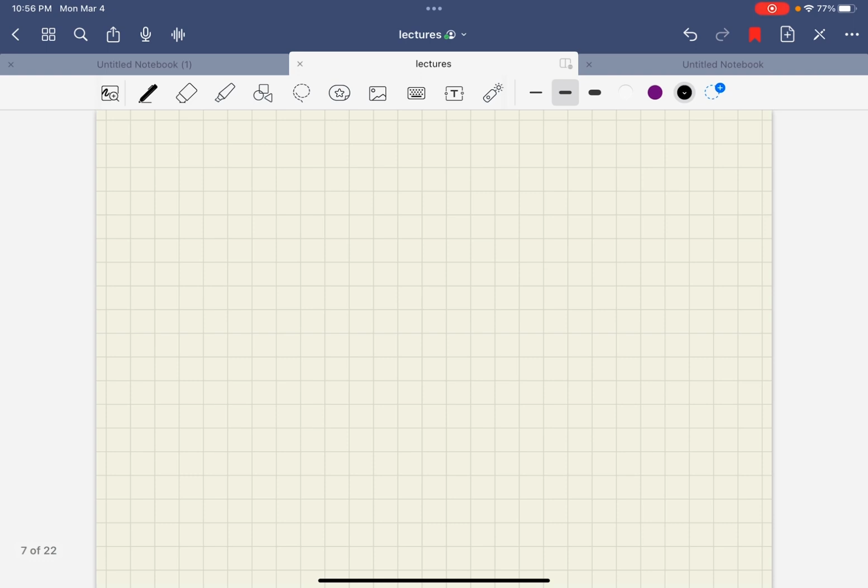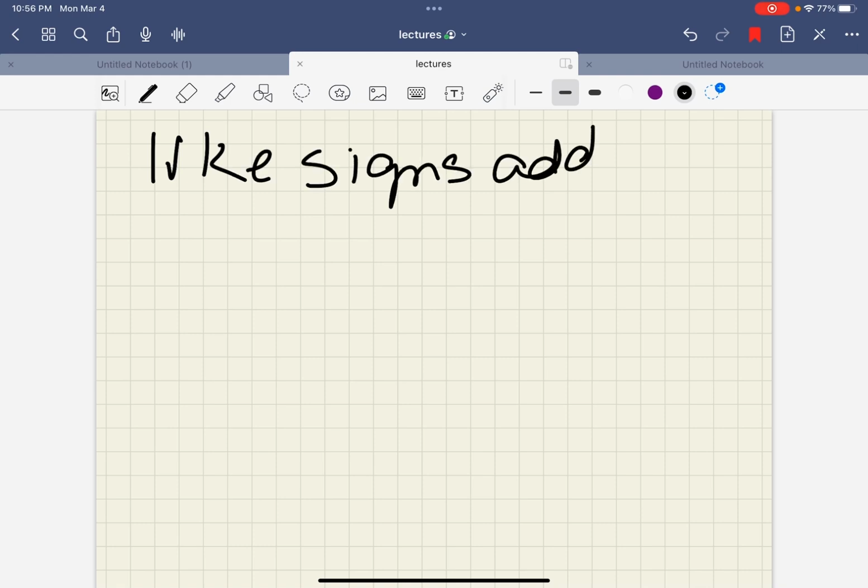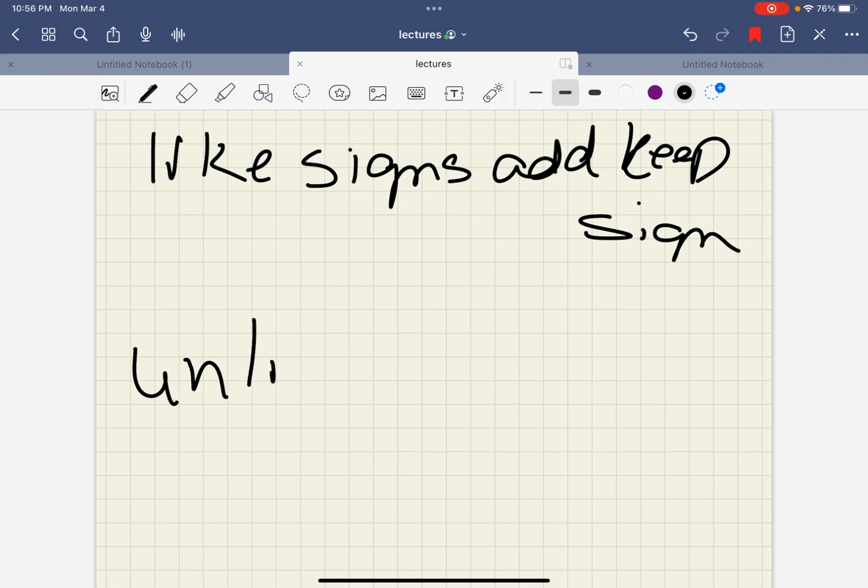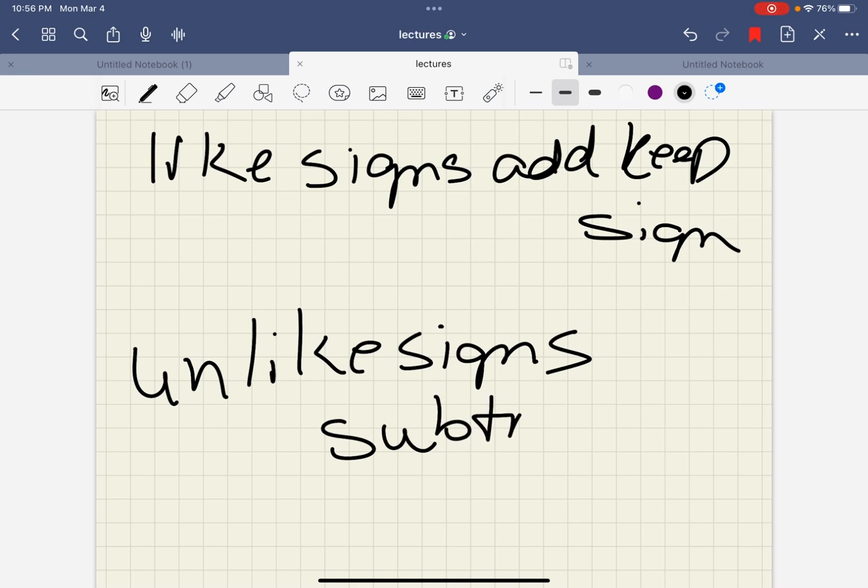For adding, just remember like signs, add, and keep the sign. Unlike signs, subtract, and take the sign of the larger number.